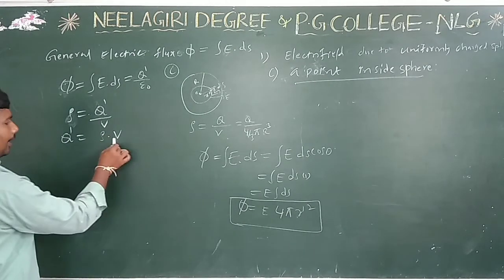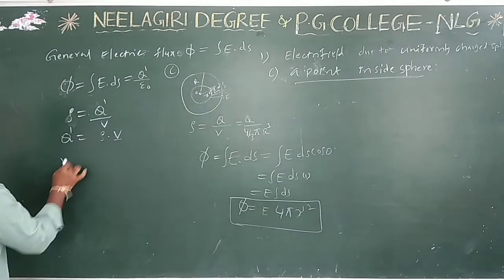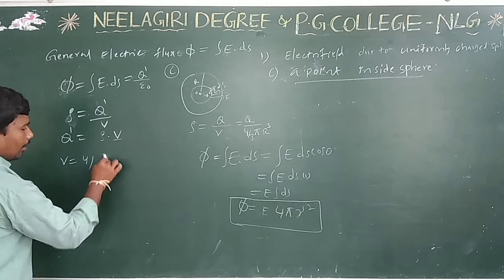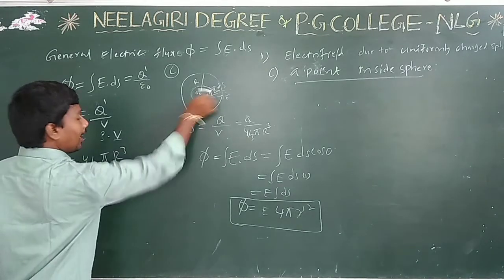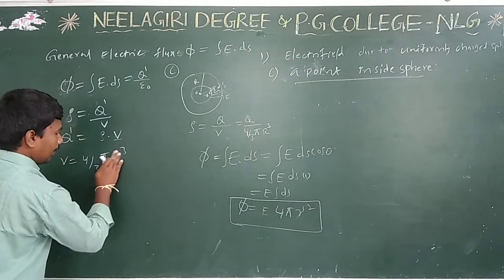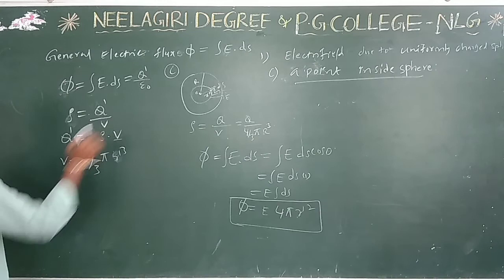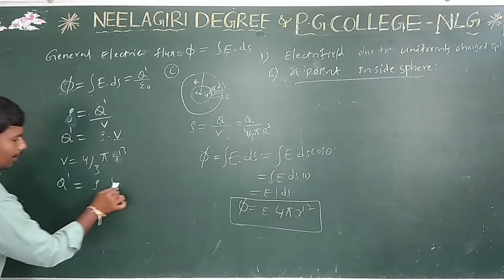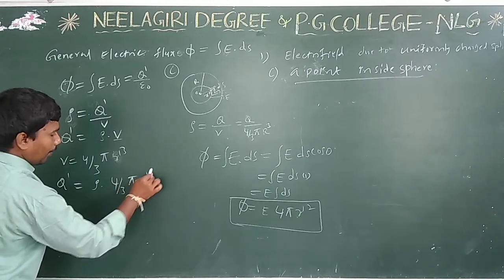What is V? The volume enclosed at R prime. V is equal to 4 by 3 pi R cube, but here our radius is R prime, so we write R prime. So substituting, Q prime is equal to rho times 4 by 3 pi R prime cube.